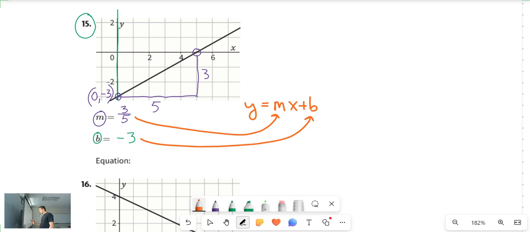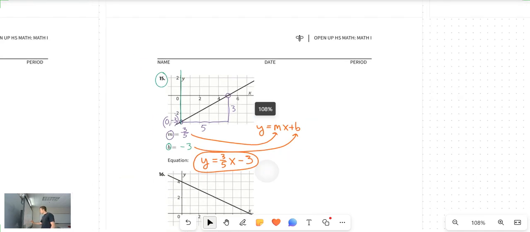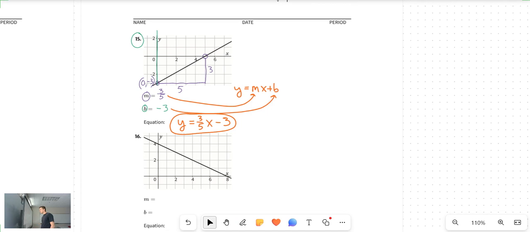So our final equation is going to be y equals 3/5 x minus 3. All right, and that is the final equation for the final problem assigned in this homework helper video.